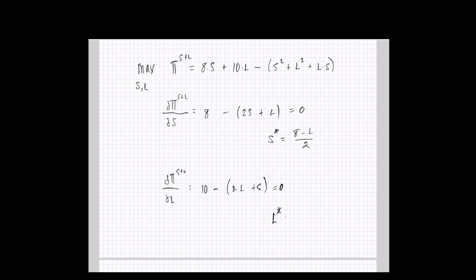So L star, similarly, looks like this. Okay? And we know, if we pop this expression into L up here, and then solve for S, we'll be able to get our analytical solution, right?